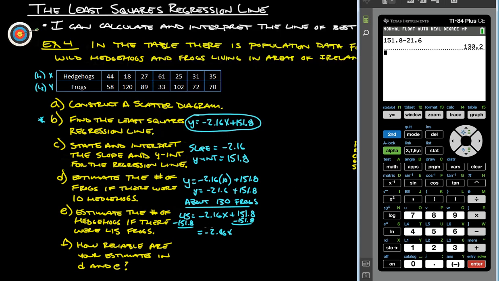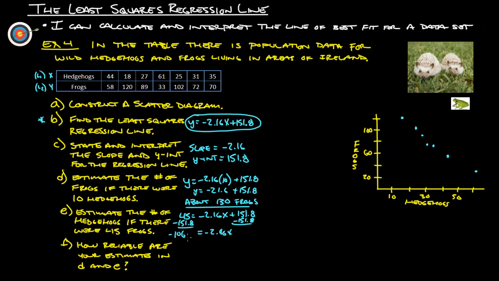Okay. So we were taking 45 minus 151.8. And that gives us negative 106.8. Then we divide both sides by negative 2.16.